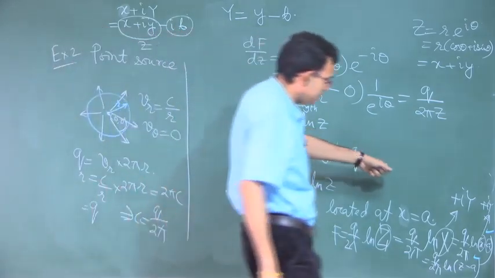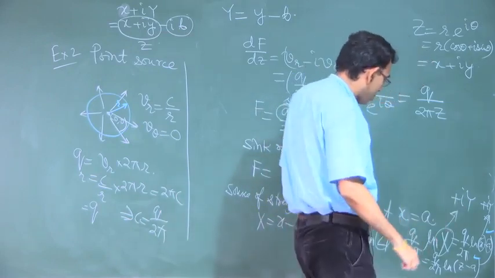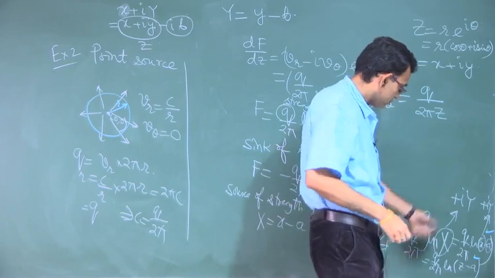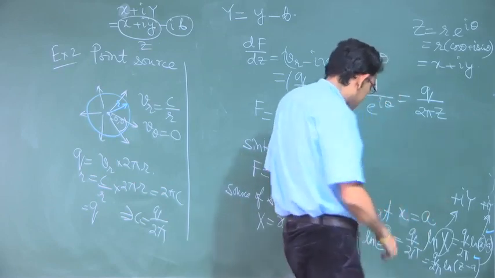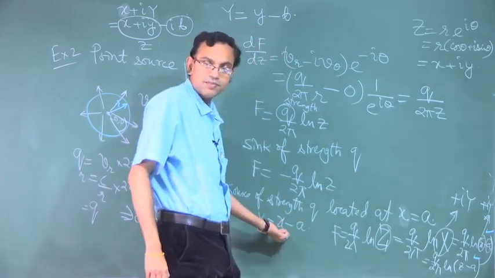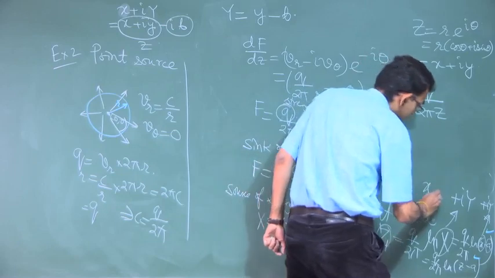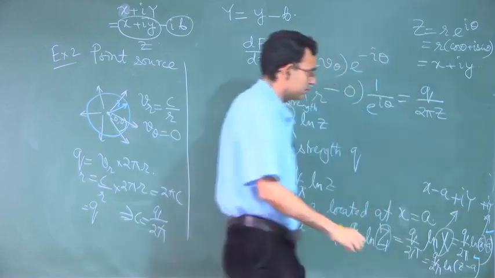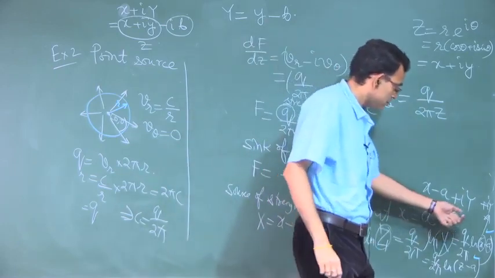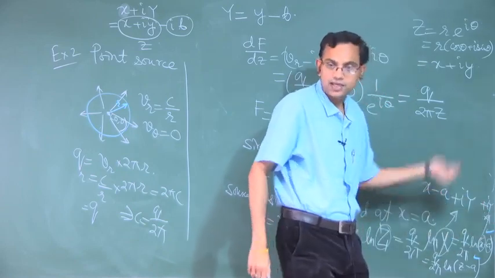So, what I have written here is this is plus iy you have to add. So, z is x plus iy, only x is shifted, x becomes small x minus a. So, small x minus a plus iy, plus iy is anyway there, that is the definition of x.